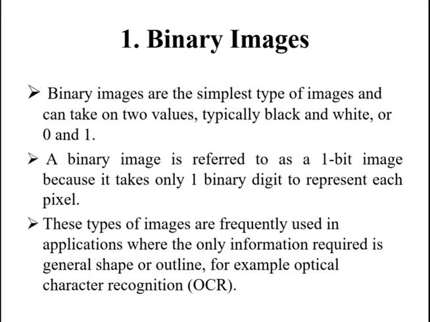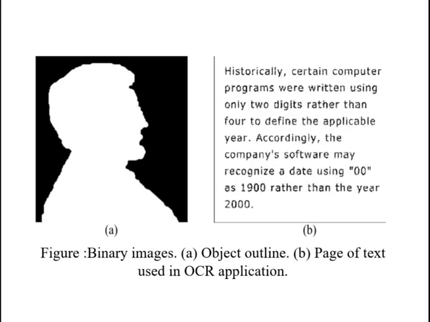Binary images are often created from grayscale images via a threshold operation, where every pixel above the threshold value is turned white or 1 and those below are turned black or 0. The figure shows an example of binary images.